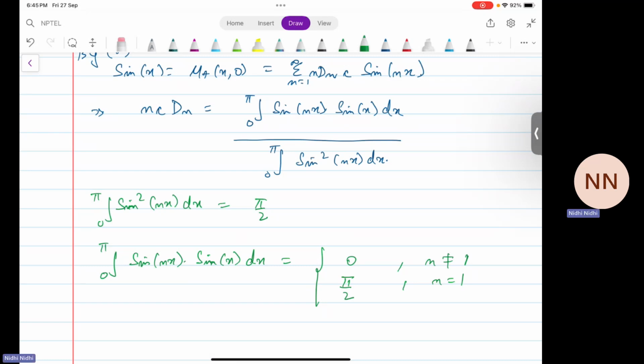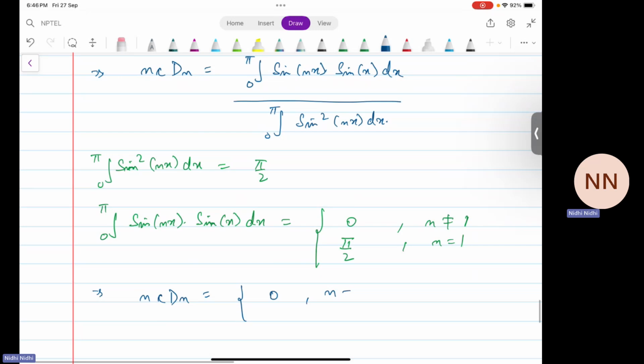So therefore, n c dn is equal to 0 for all n not equal to 1, and pi by 2 for n equals 1.